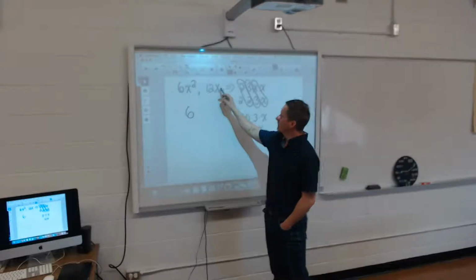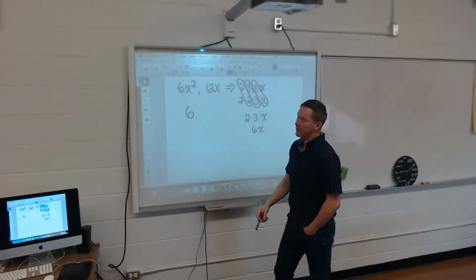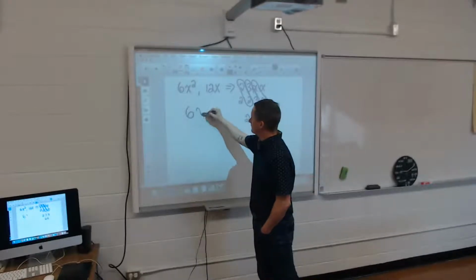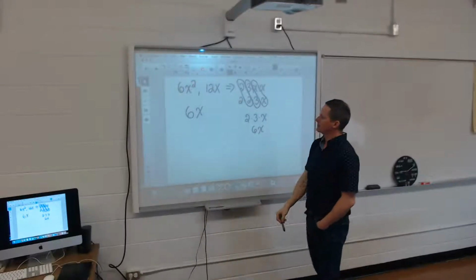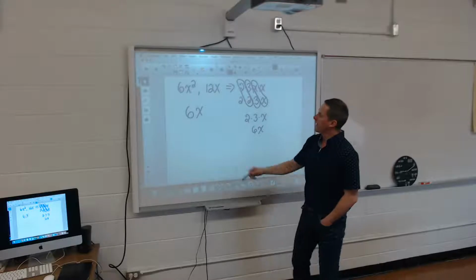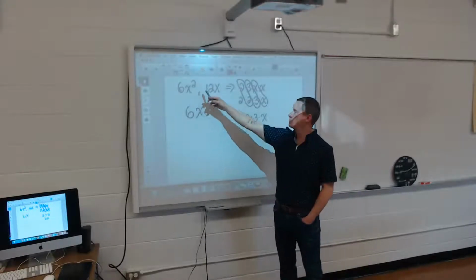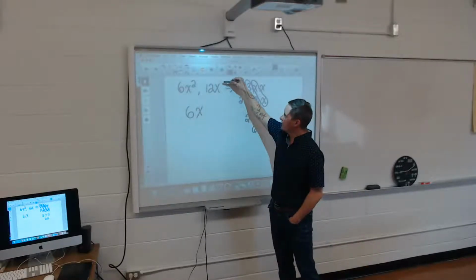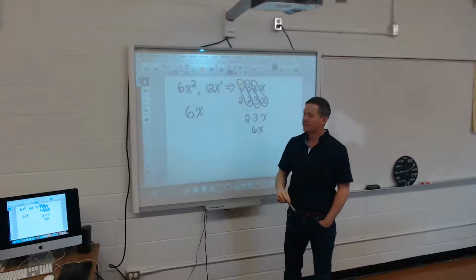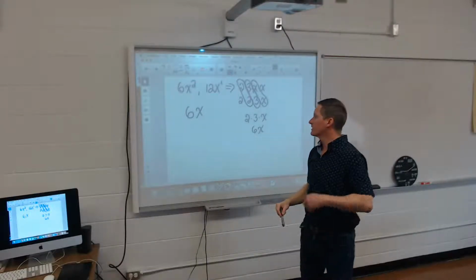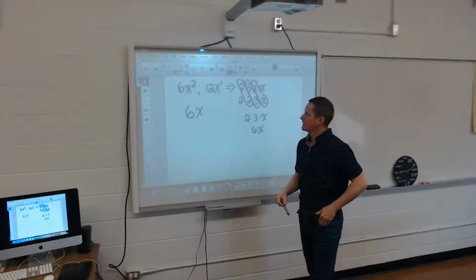And then the greatest common factor between x and x squared is x. X goes into both. Now I can't take x and divide it by x squared. So it's always going to be the variable with the smallest exponent in this case here.